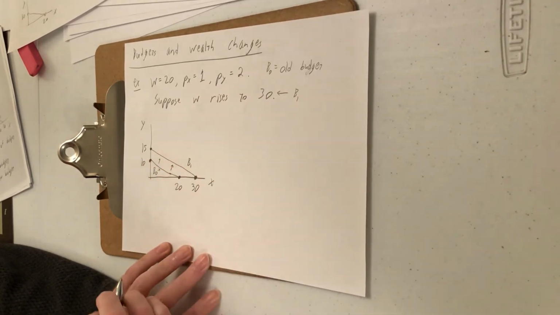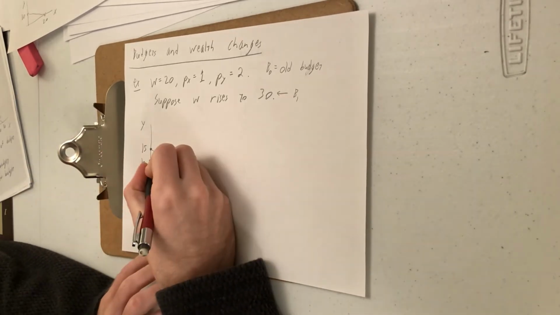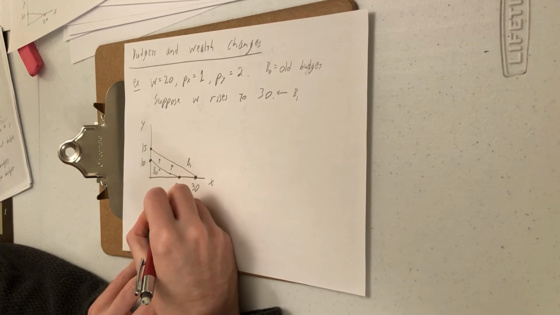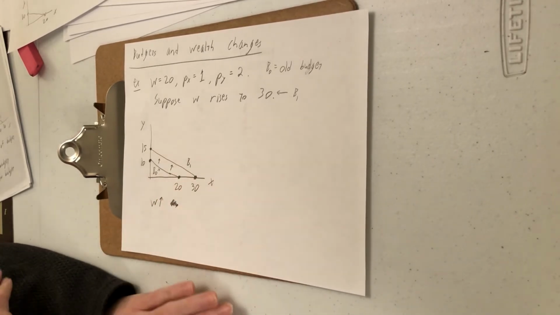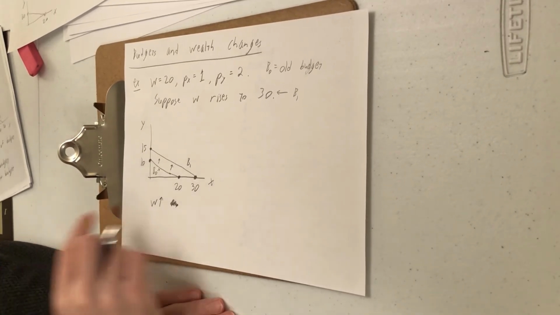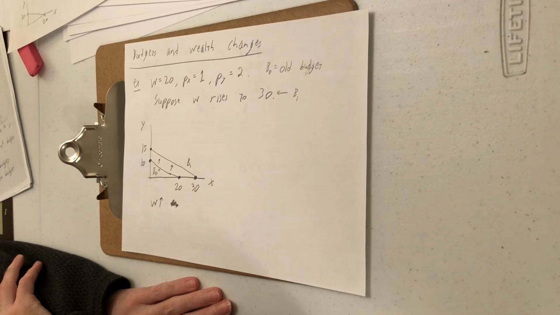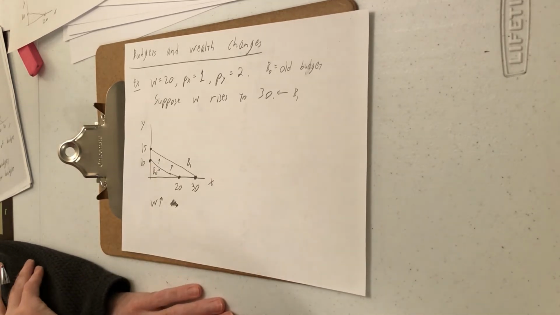So that's your new budget line, B1. So these budget lines are actually parallel. We can show that. It's possible to prove it. So the moral of the story is that when your wealth goes up, you get this parallel shift in your budget.